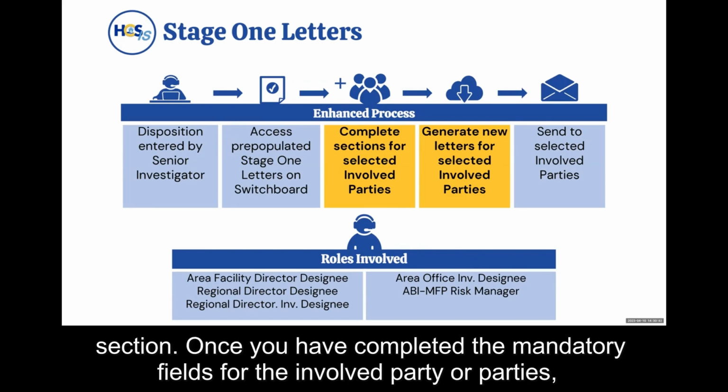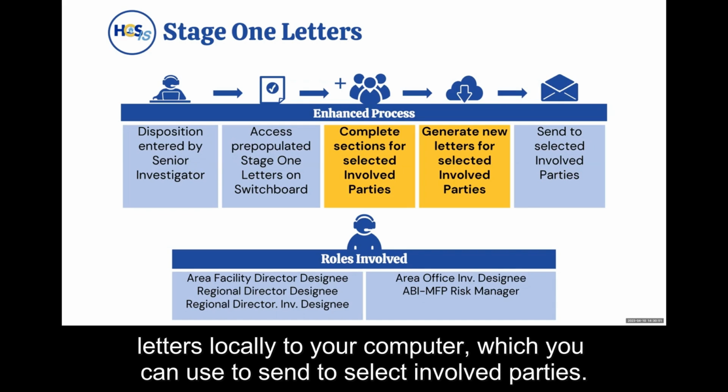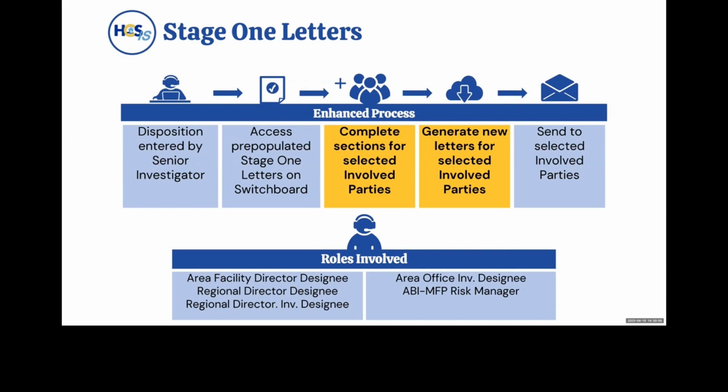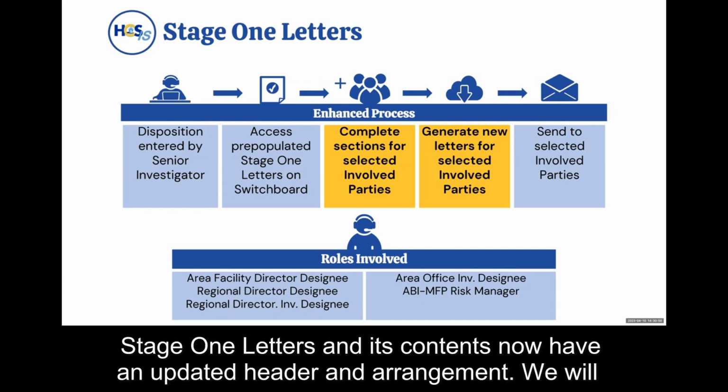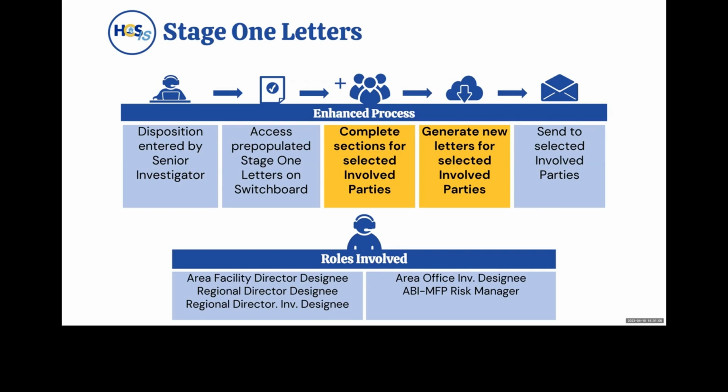Once you have completed the mandatory fields for the involved party or parties, you will select which you want to generate the letters for. This will generate the letters locally to your computer, which you can use to send to select involved parties. Stage 1 letters and its contents now have an updated header and arrangement. We will dive into these details further when we walk through the screen in the system.